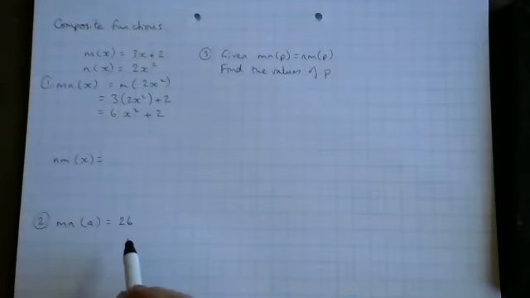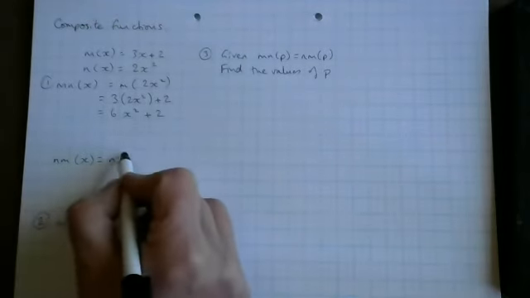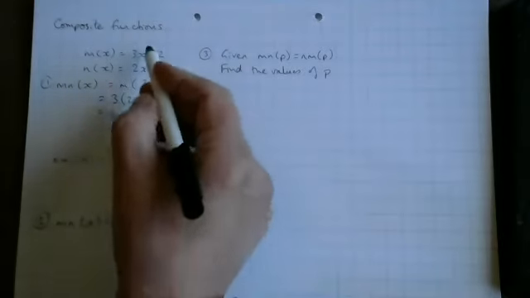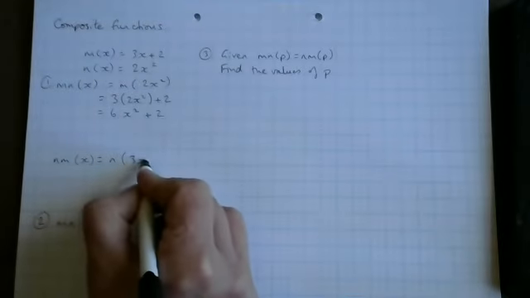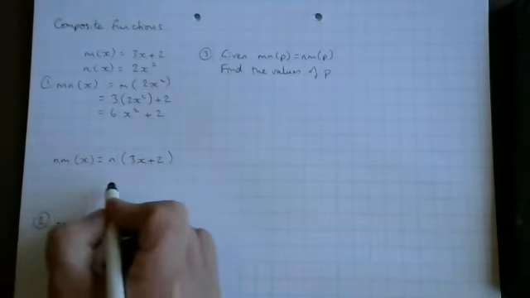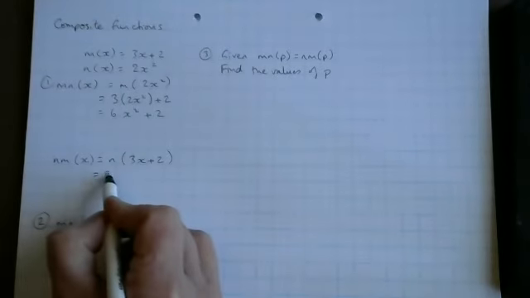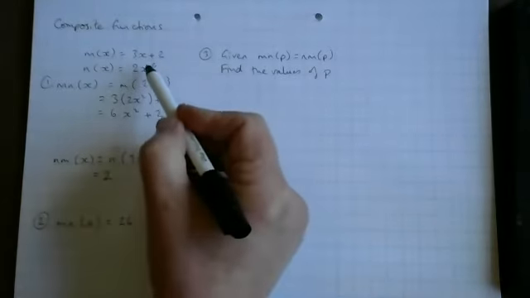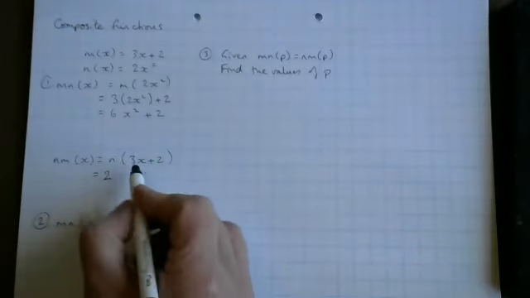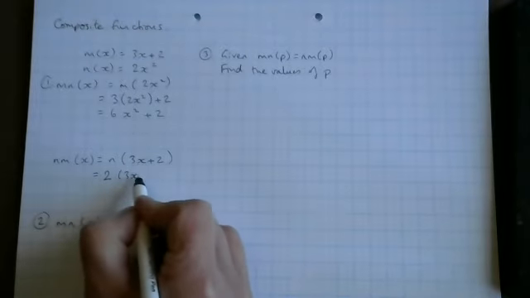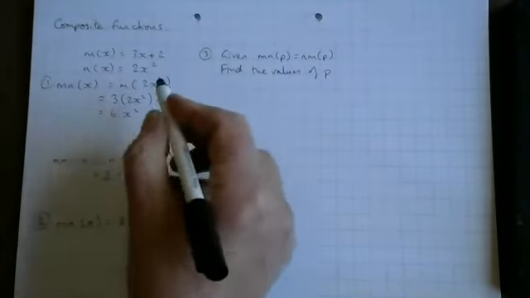nm of x, well, that equals n of, what's m of x? 3x plus 2. And then what is the n function? The n function is 2 times x, well, that's the x I'm putting in, 3x plus 2 squared.